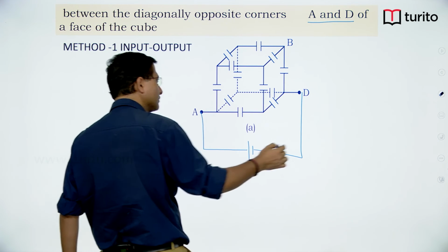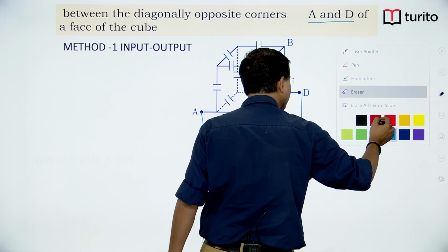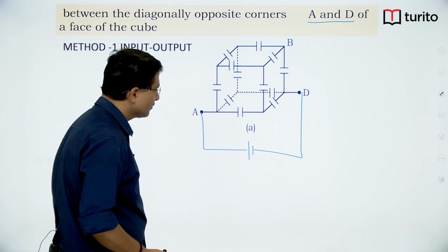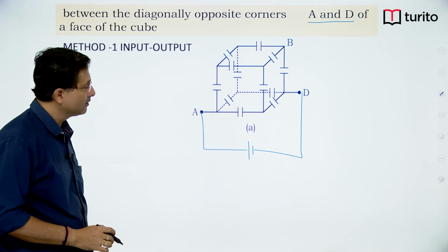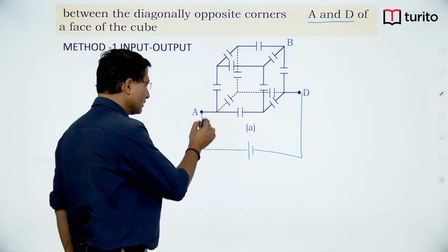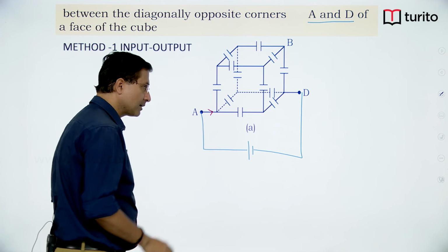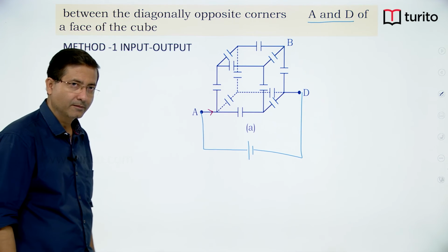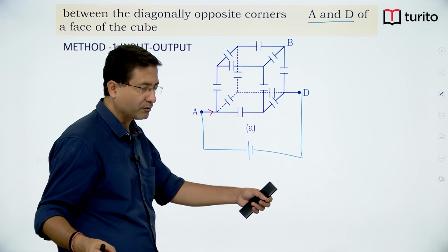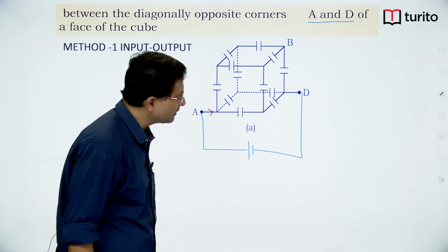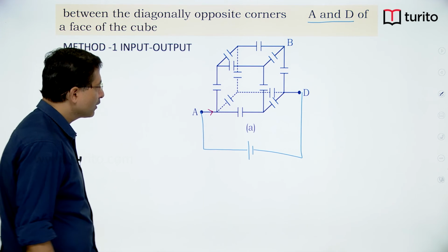Look at the circuit, right. This circuit will have input output symmetry, right. So, one point is here, another point is here. This circuit is having input output symmetry.